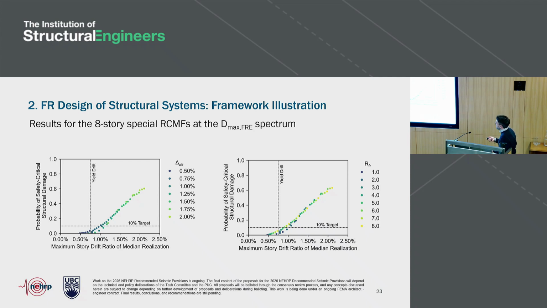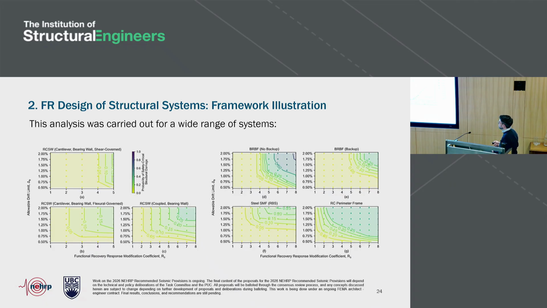And this really pushed us to specify system-specific drift limits, because we realized that it is a lot easier to minimize the probability of safety critical damage by controlling with drift as opposed to just controlling with strength. You can get there with strength, but the relationship is less clear, right, between those two, and that's why we did something that's different from life safety design.